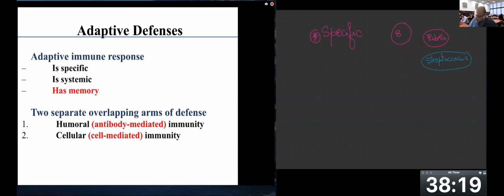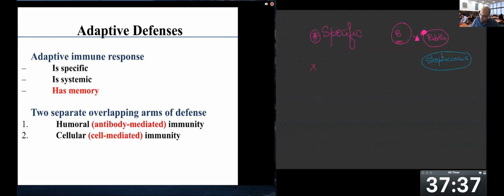I am only going to be specifically attacking this pathogen because I am able to recognize the antigens on this specific pathogen. Not every single pathogen is going to have those antigens. They are definitely different from one another, and each of them is going to have different antigens presented on their outer surface. All right, so I have specificity. I have a specific immune response.